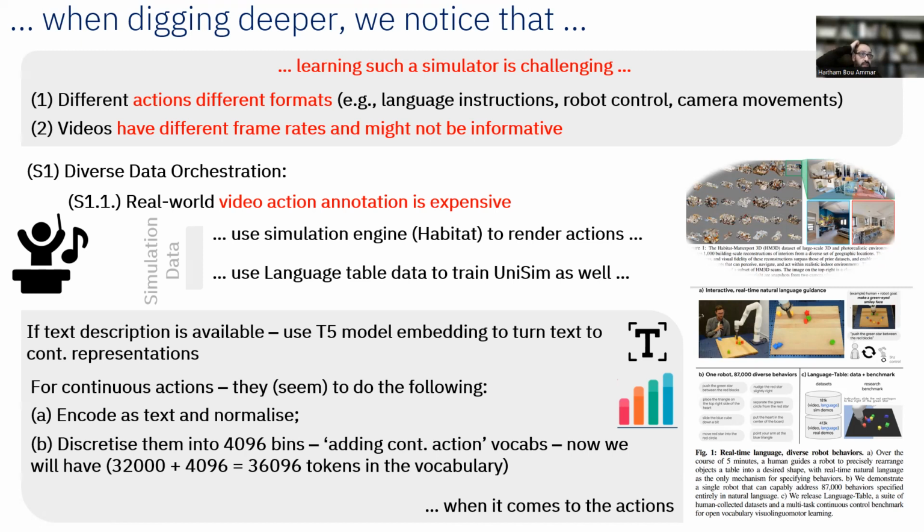The way they do this is very interesting, and I think it's inspired by the Gato type of encoding. They first encode the continuous actions as text and normalize them. So if you have a continuous action, like let's say the number 3.14, you encode that as text, and then normalize it to make sure the range is uniform across all your actions.